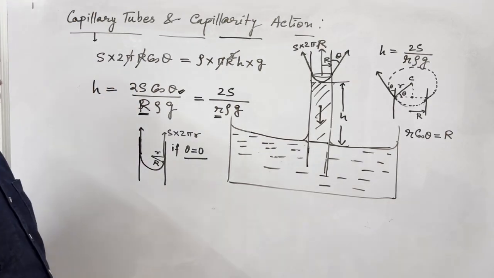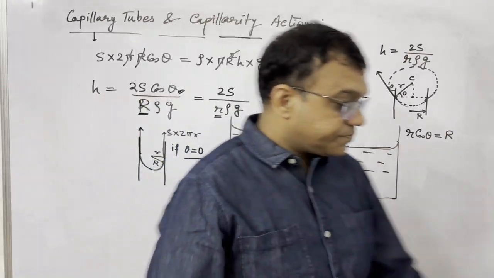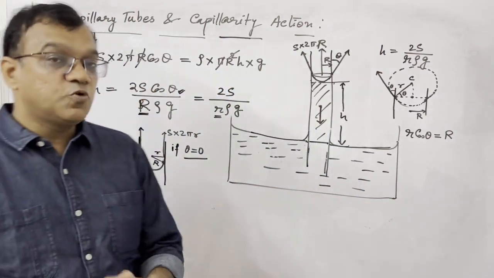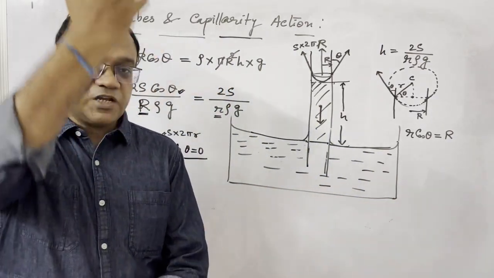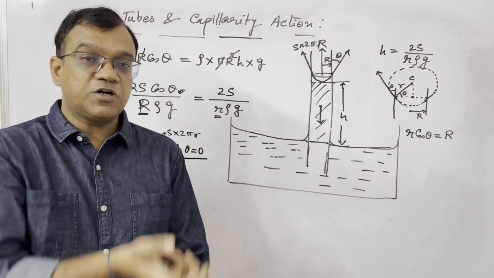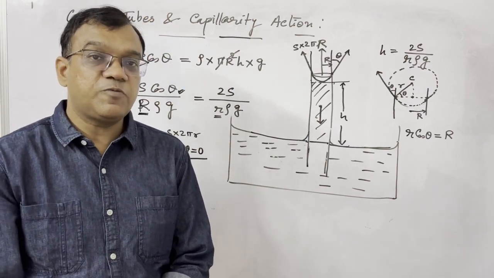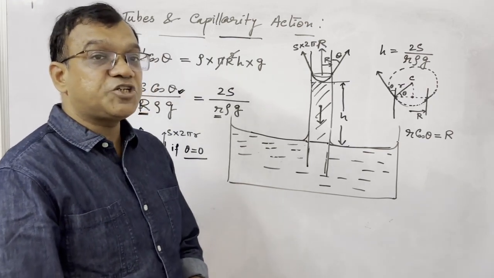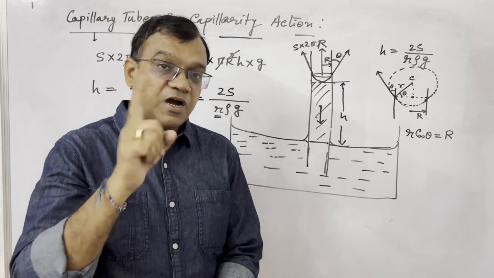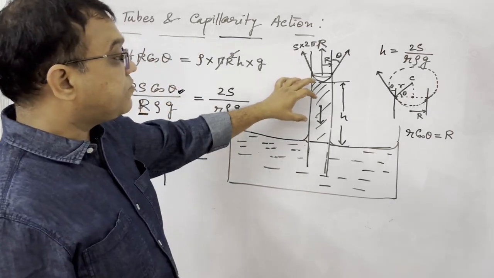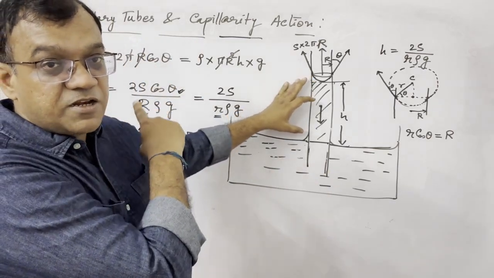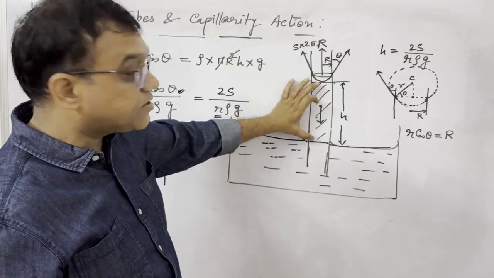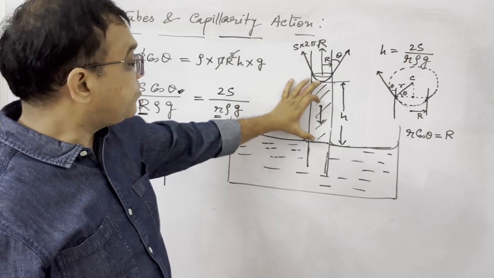Right? So I am summarizing it. When we insert a capillary tube inside the liquid, then due to the pressure difference, liquid will be rising up. Due to the surface tension force, liquid will be rising up, and this rising will be taking place until that pressure difference has been balanced by the hydrostatic pressure. We have solved in the earlier case directly by writing the pressure, and here in this case we have written by writing the Newton's law equilibrium equation.